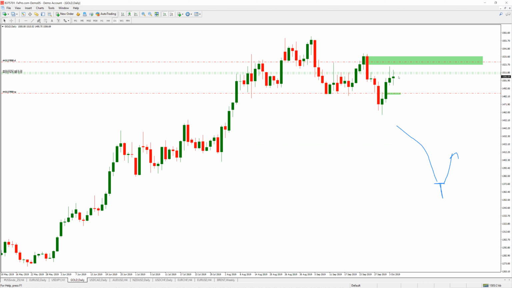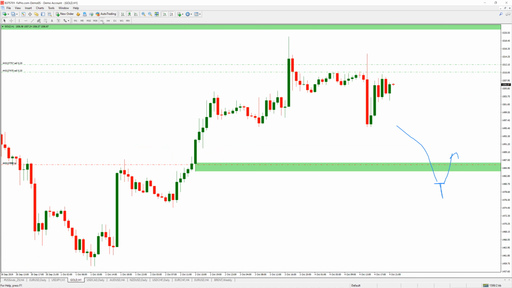So you can only perfect your entries once you get your correct zone on a higher time frame. Then you go to a lower time frame. For instance, now I'm on an H1.